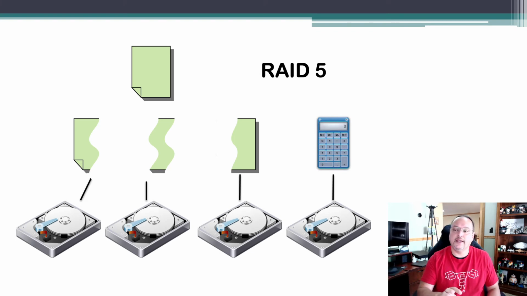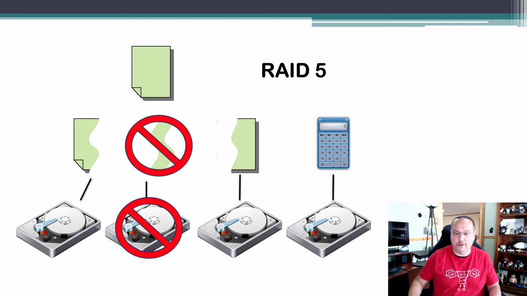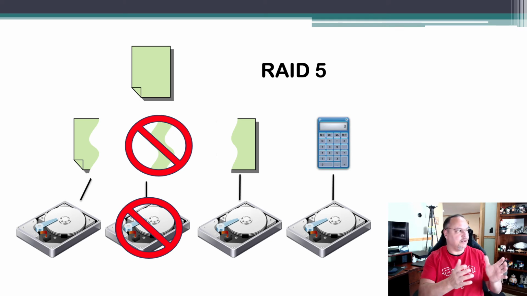You do that, so in the event you lose one of the drives, whether it be the parity drive or a data drive, you can basically utilize math, the formula, and reconstruct that data. This is a little bit complex, and you might have to watch this once or twice to make sure it all clicks in. But basically, it's about separating out the data and using a mathematical formula to be able to reconstruct the data.